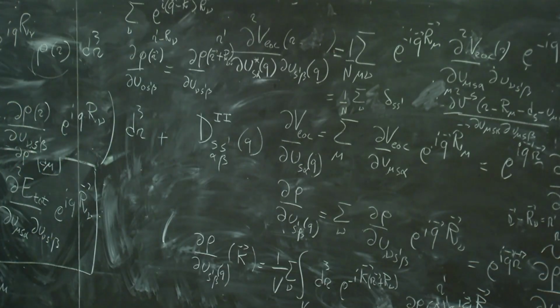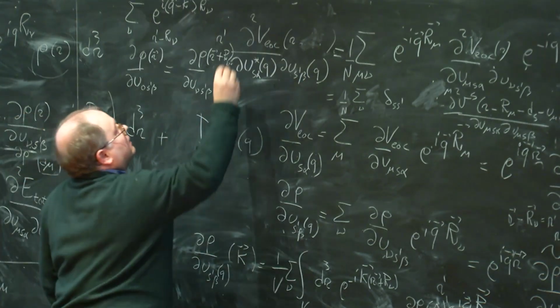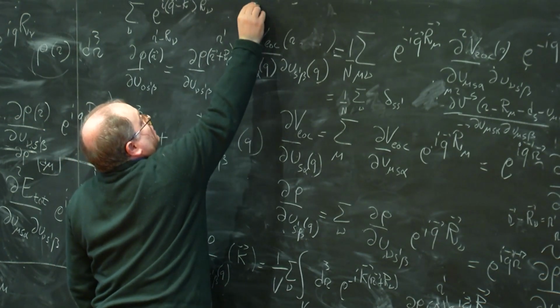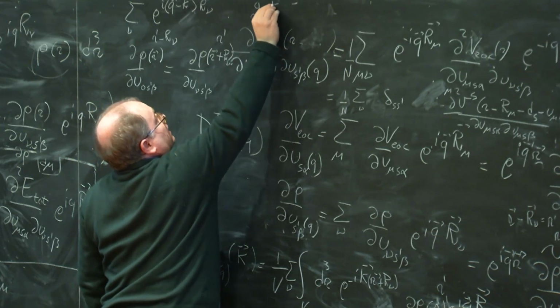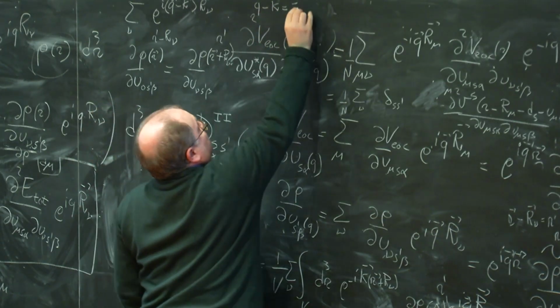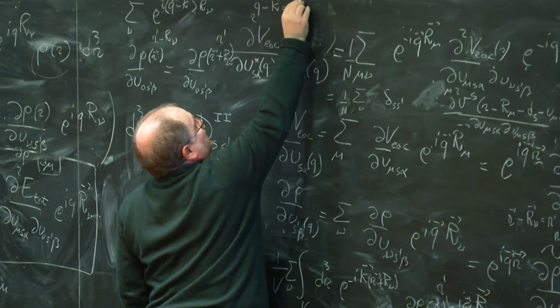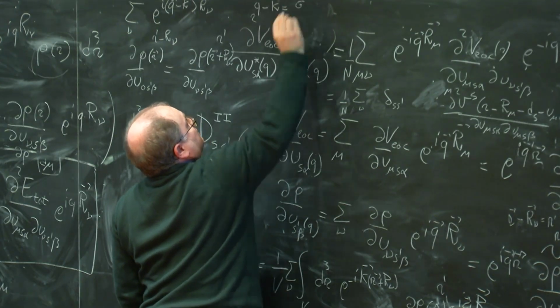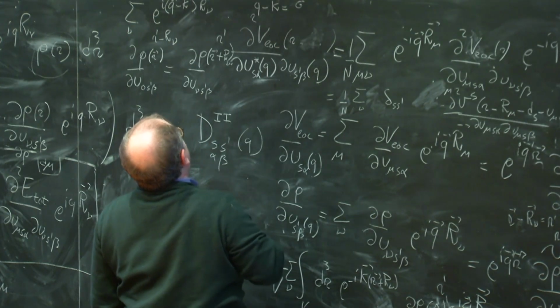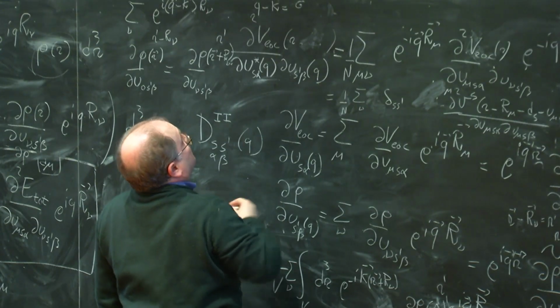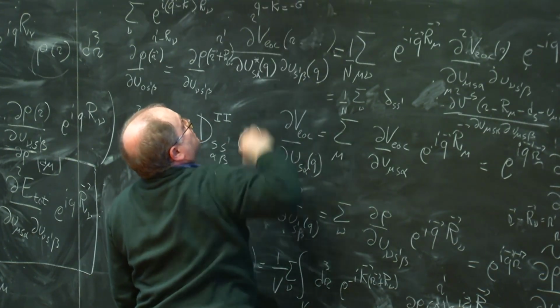And this term is different from 0 only when q minus k is a reciprocal lattice vector. So let's say q minus k is equal to a reciprocal lattice vector G. Or let's call this minus G.